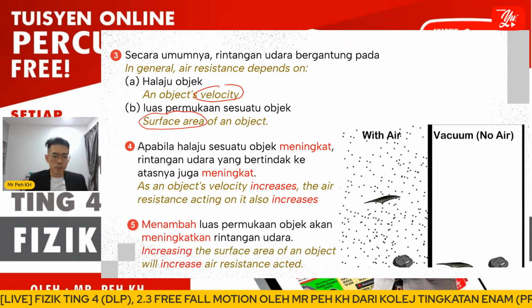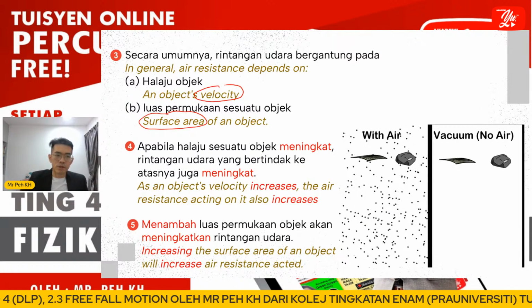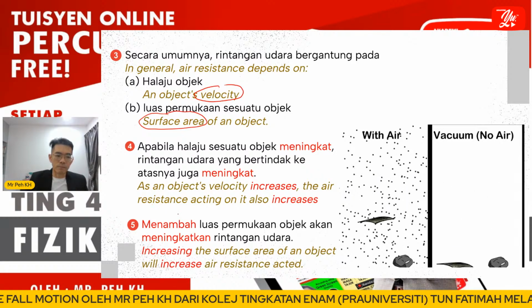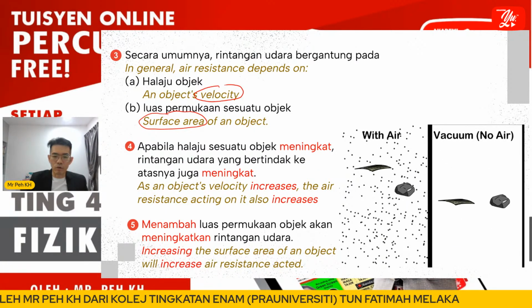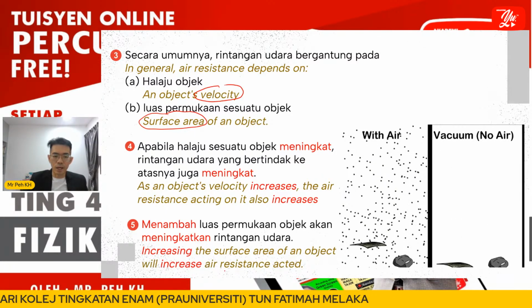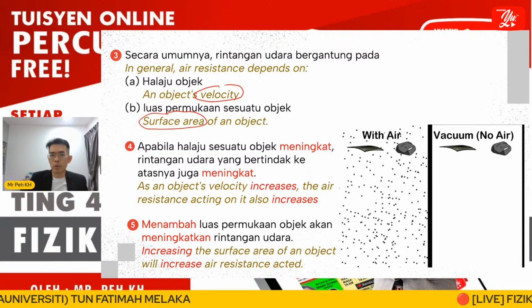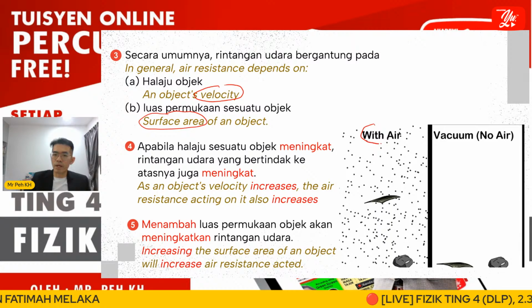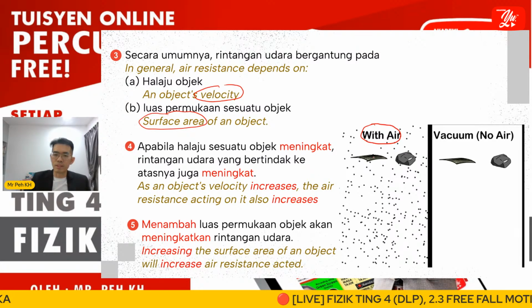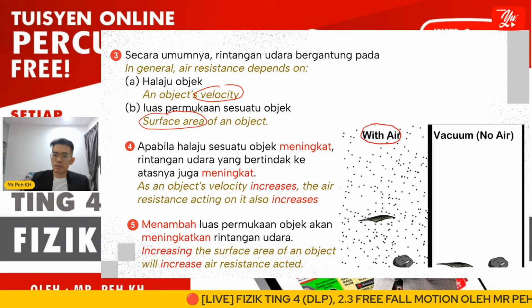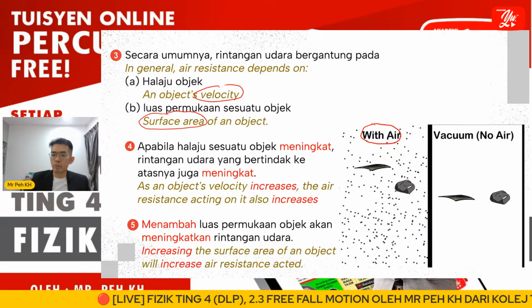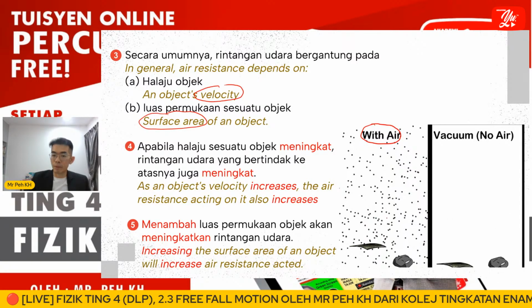Okay, so here, the second factor will be the surface area. Increasing the surface area of an object will increase the air resistance. So here you can see we have two conditions. With air will be the one you can see in real life, so the stone will drop faster than the paper.